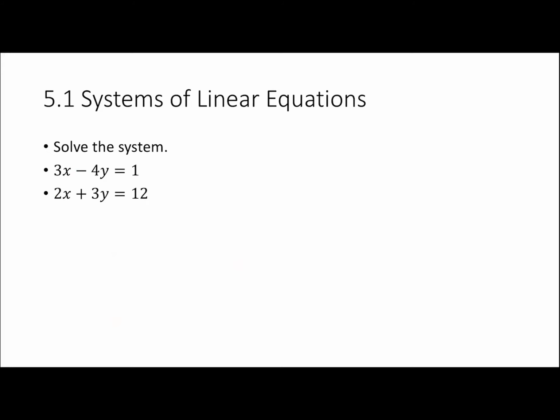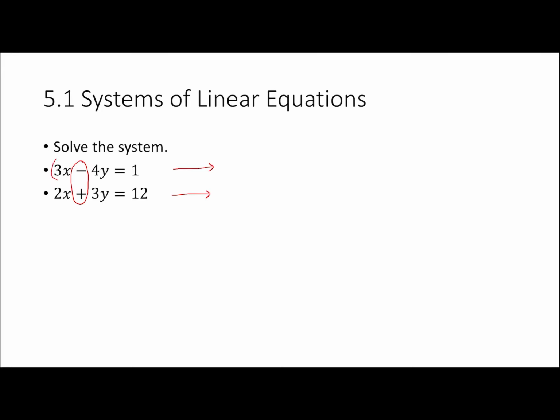Now, again, you can get rid of x or y first. It doesn't matter. I'm going to choose the y because, again, I notice that they're already opposite signs. And so if I can multiply those y values by something to make them be the same, then I'm going to be able to get rid of the y value. So I'm going to take both equations and multiply them by something.